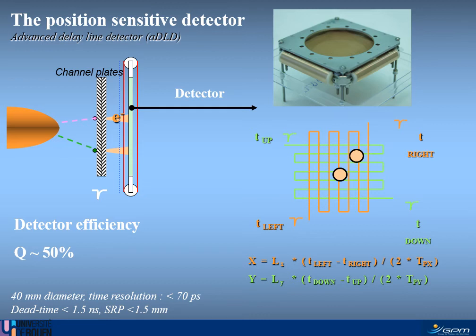If you want the x position along this direction, this is shown here, and you can see that the x position is simply proportional to the difference between t left and t right. In the same way, y is proportional to the difference between t down and t up. So this is the principle of delay line detectors, DLD.